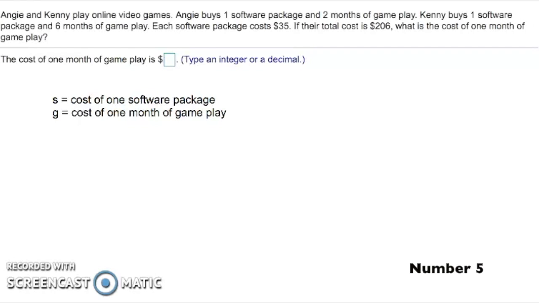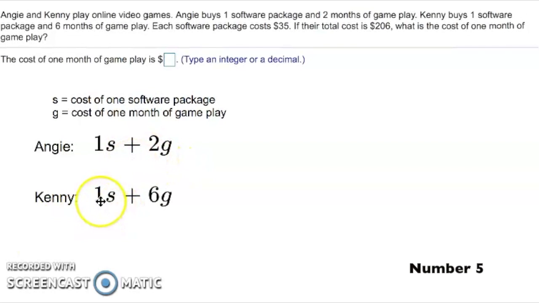So Angie buys one software package, so 1S, S for software package, and 2G, G for gameplay, months of gameplay. Kenny buys one software package, but he purchases 6 months of gameplay, so 6G.